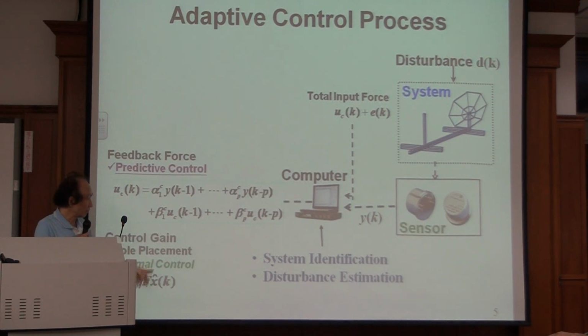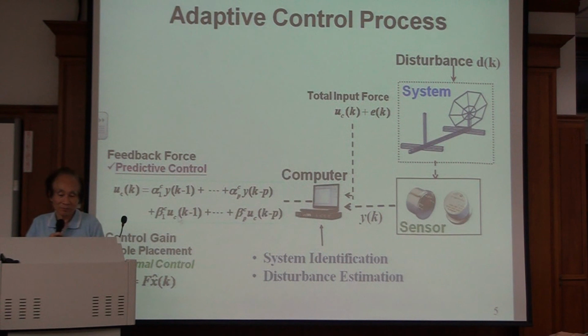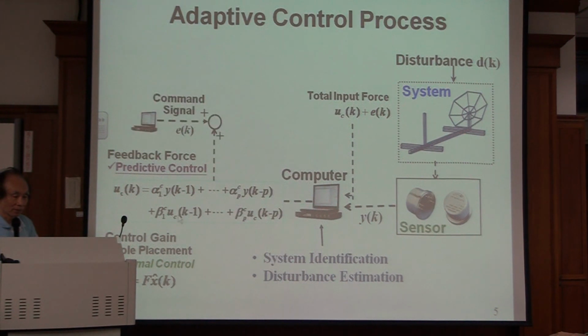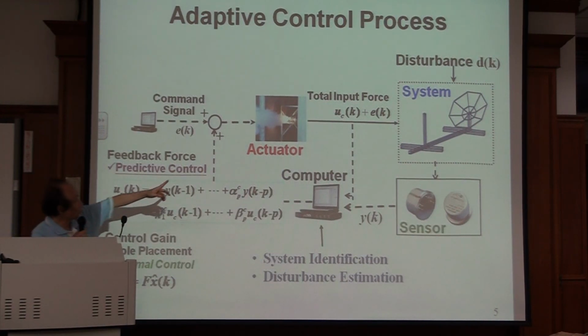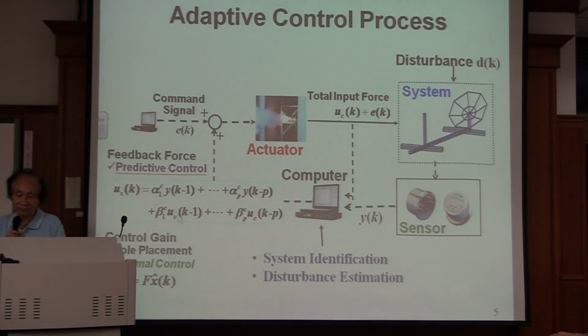That observer is really inside there. You just don't see it. But if you read the book, it will show you how they are related. Okay. Again, that's u_c plus your command e, that's your total input force.